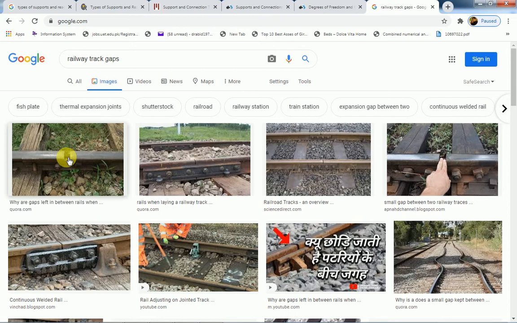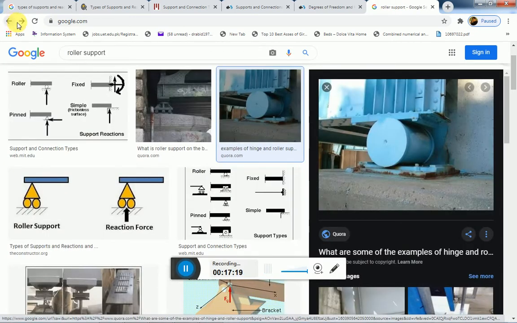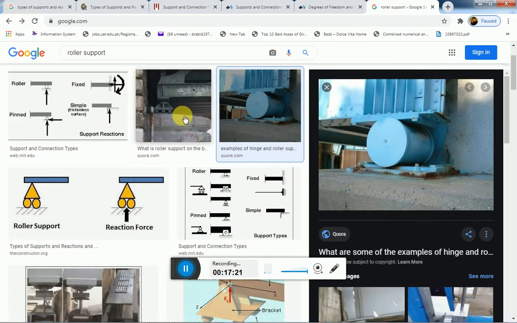If we don't put this gap, then in summer obviously the lines will press each other and deform like this. So the roller support is designed to allow the material to contract or expand whenever needed.